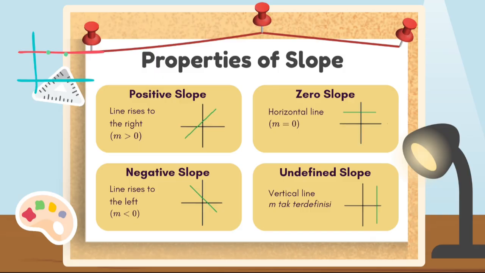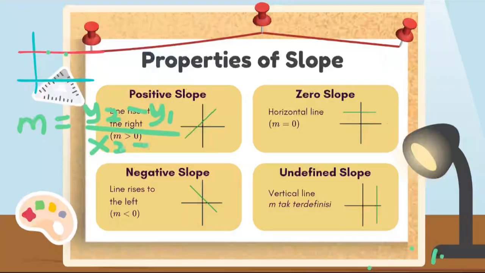Okay, we can substitute these points into the slope formula. We know the formula is y2 minus y1 divided by x2 minus x1. Okay, the first coordinate is (1, 3) and coordinate 2 is (3, 3).